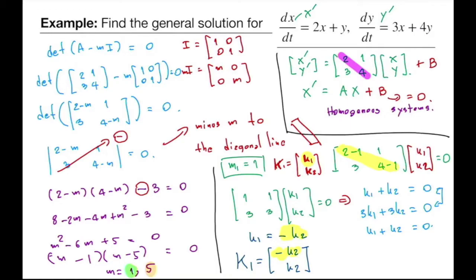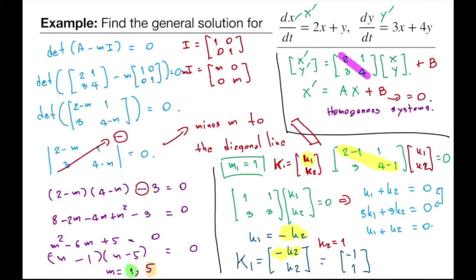Usually we just let k2 be 1, but in reality you can choose 5, 10, 1000, minus 1, any number you like, but not 0, because if k2 is 0, the vector will be the 0 vector. So we can pick any value of k2 except 0. Usually we just pick 1 because that is easy. So we have here [minus 1; 1].